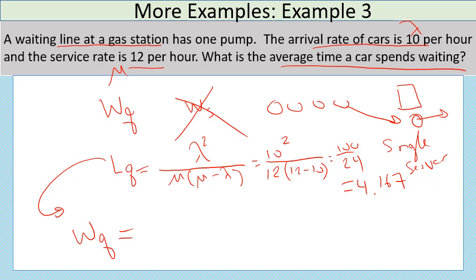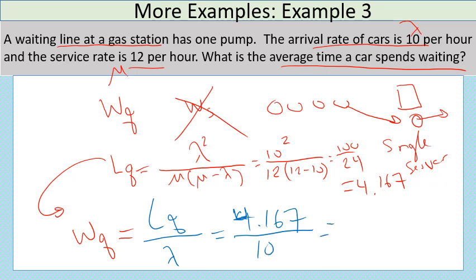So WQ is LQ over lambda. We just calculated LQ, 4.167 over 10, which is going to give us 0.4167, and that's the answer.